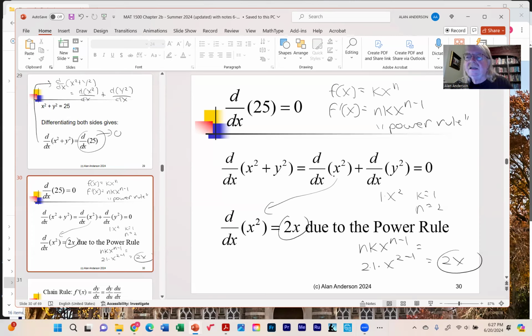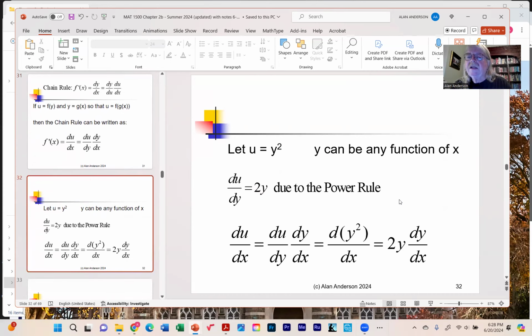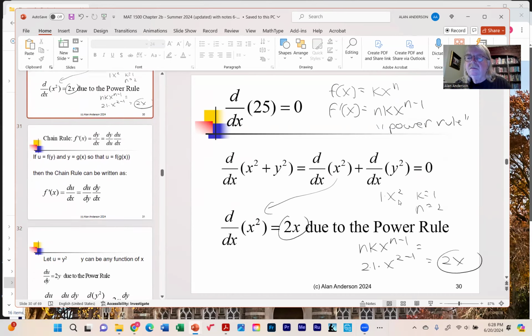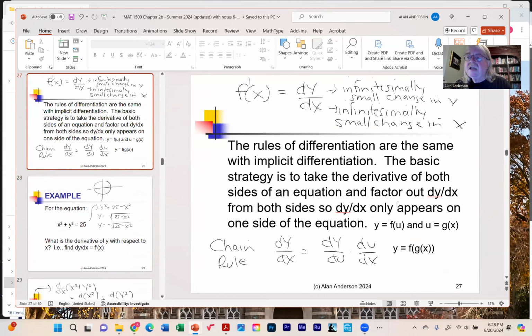Now, here's where we get into the interesting new material. What do we do with y squared? It turns out that what we're about to do is write u as a function of y. Like I said, this is not what we've been doing previously.